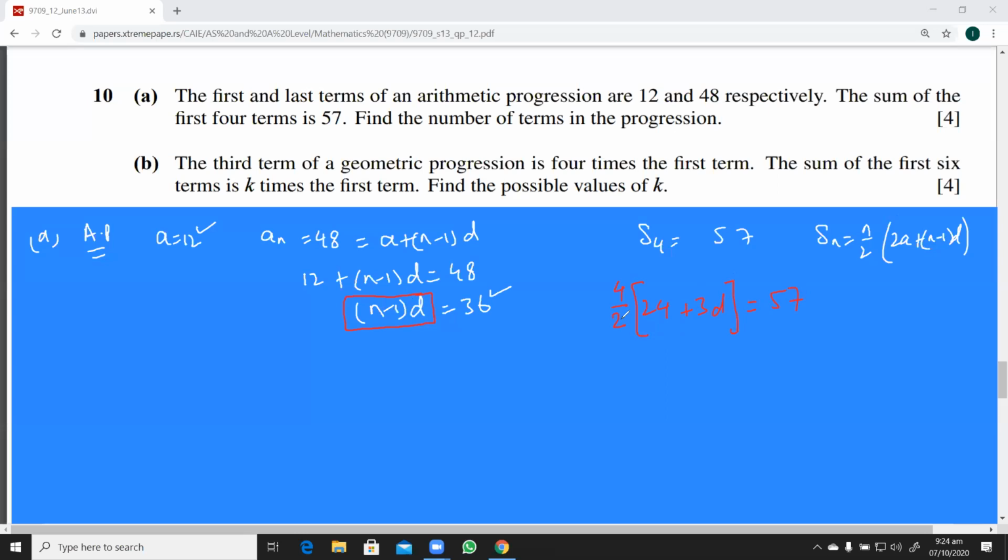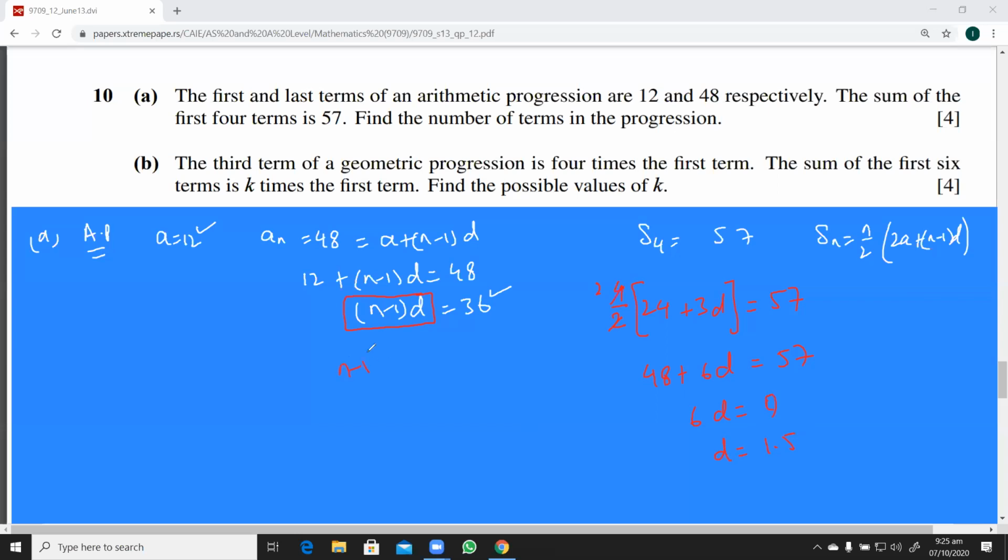Okay, now this is going to be 2 times 2, that is 4. So this is 48 plus 6d, that is equal to 57. 6d is equal to 9, and your d is 1.5. So you put your d over here.